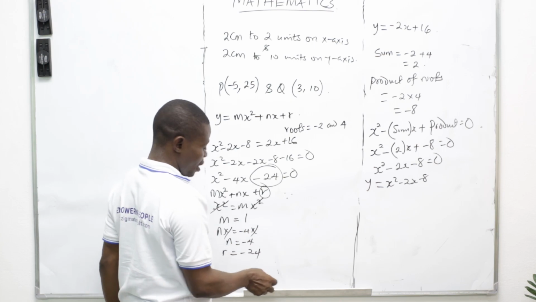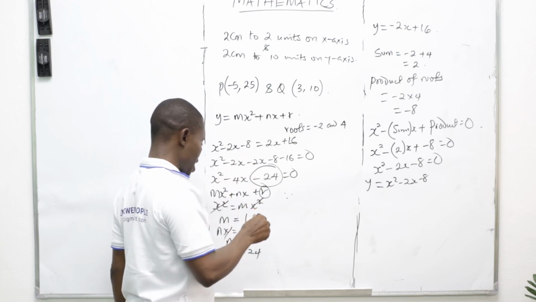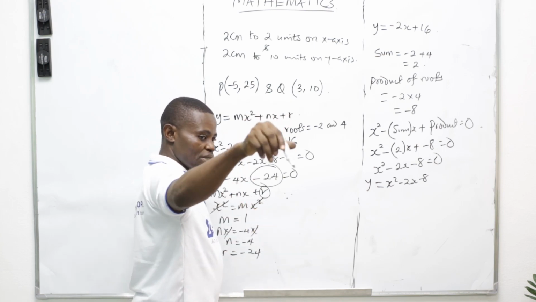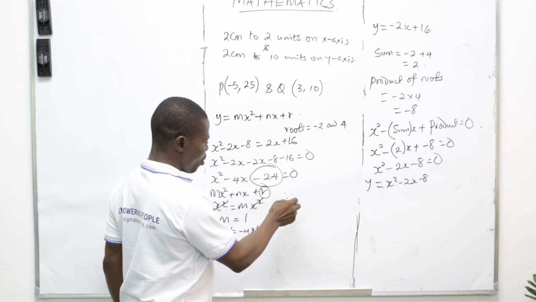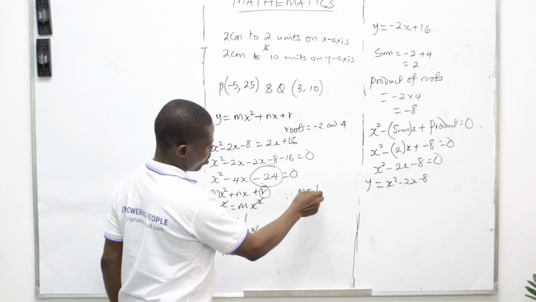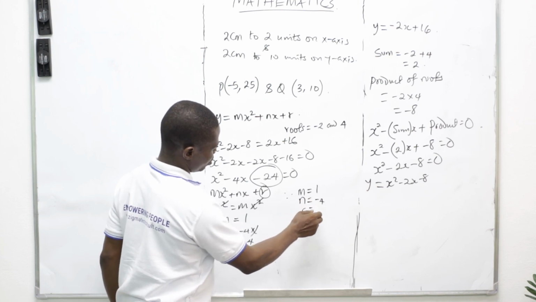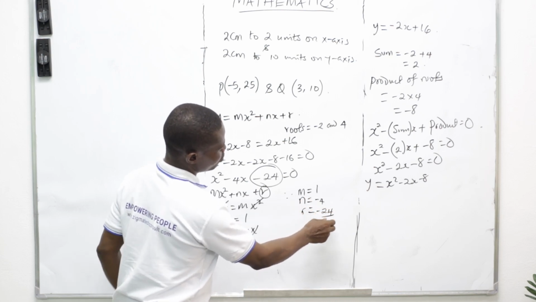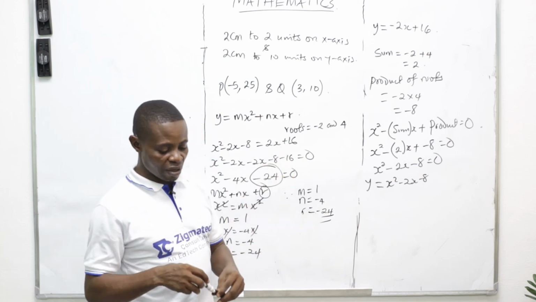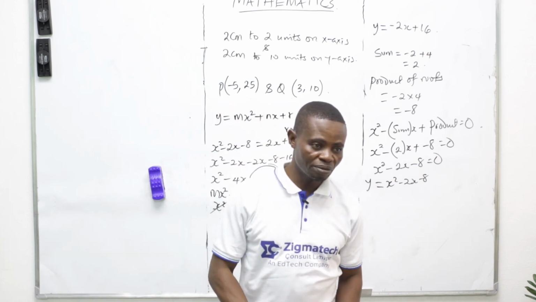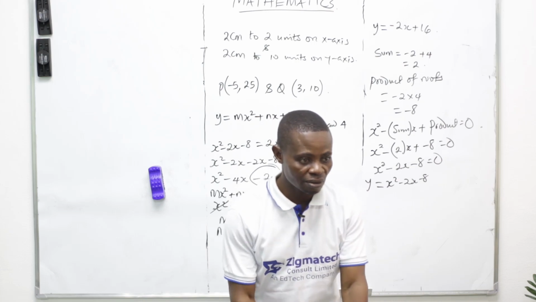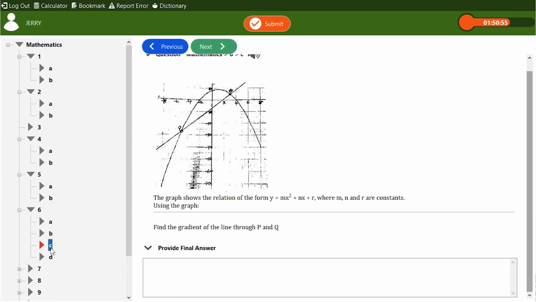Therefore, the values of m, n, and r, according to what we traced from this graph, are what? m equals 1, n equals 0, r equals minus 24. These are the values of what? m, n, and r. See part of the question. They say, find the gradient of the line through PQ.